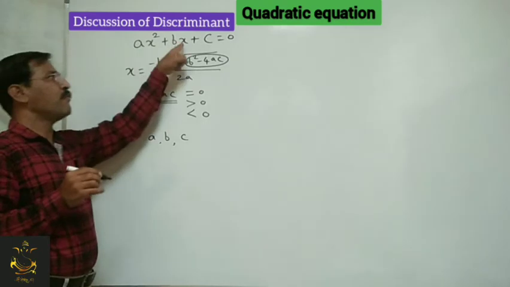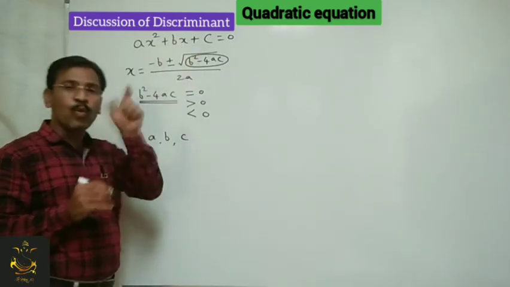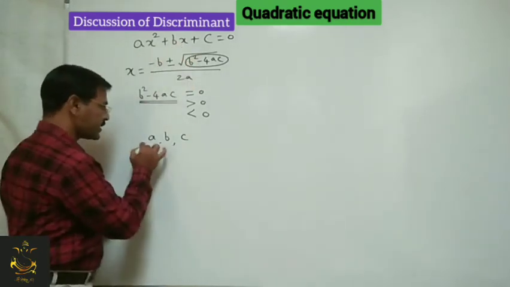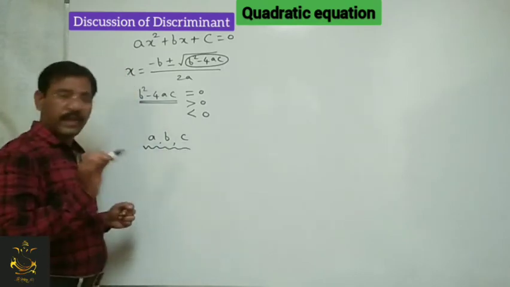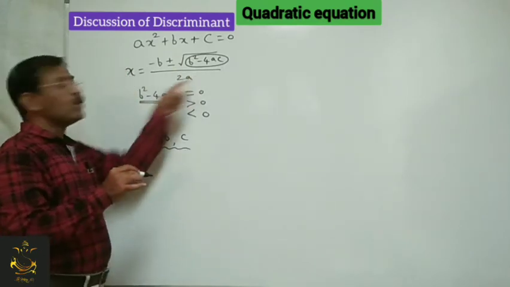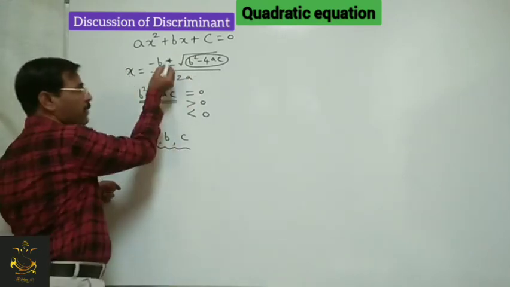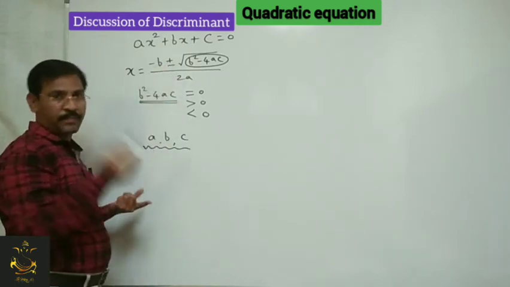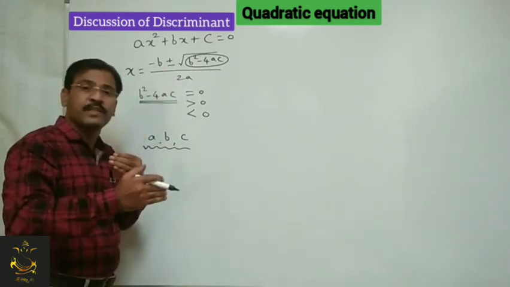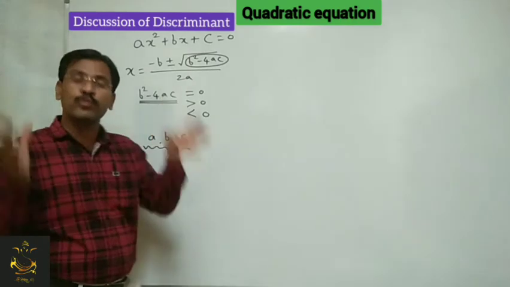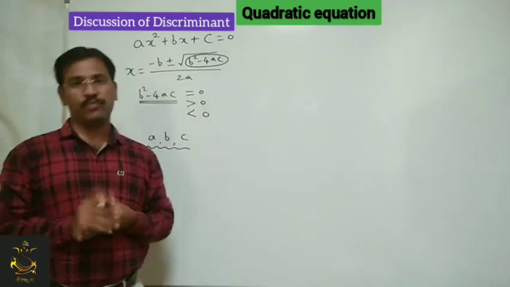Here x is the variable and a, b, c are coefficients. And these are the two roots, one with plus and one with minus. Now we are going to discuss the nature of the roots.